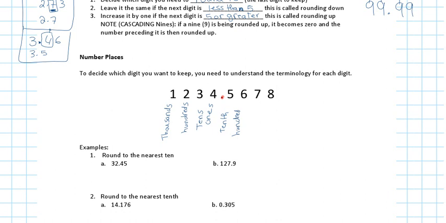Then you have the thousandth. I can't pronounce these, too many S's. And this is the ten-thousandth, but don't worry about this. Usually at this point we'll tell you to round it to 4 decimal places. We don't even bother with saying ten-thousandth. And the tenth is under the 5? Yes. Okay.